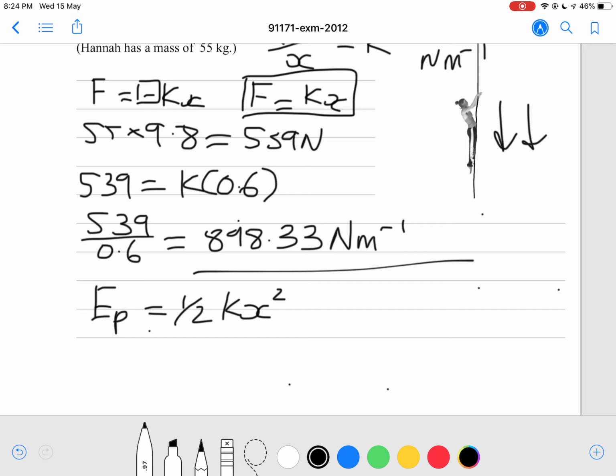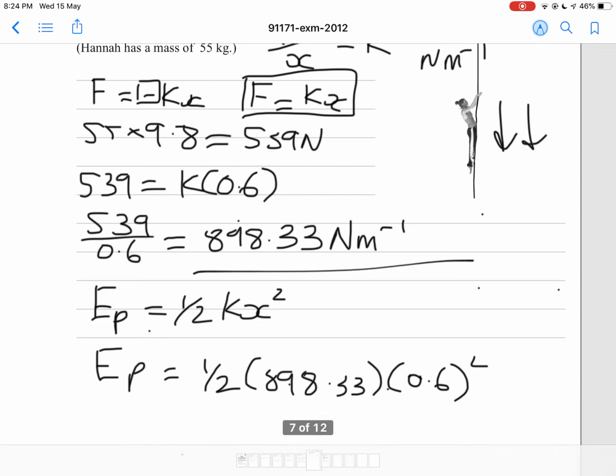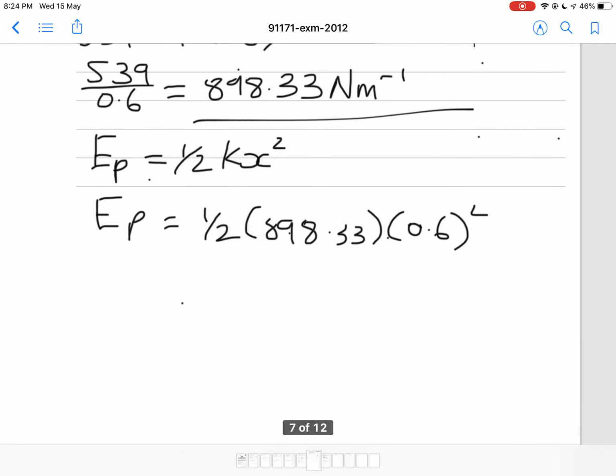We'll just plug in some numbers, and we can find EP really easily, okay? So EP equals half, spring constant is 898.33, and that will be multiplied by 0.6 squared. Okay, we're going to plug this into a calculator, and that will be giving us our answer.